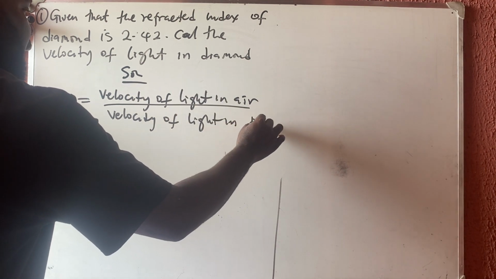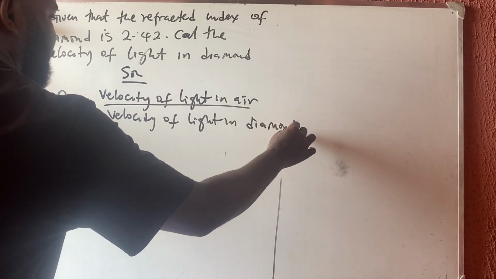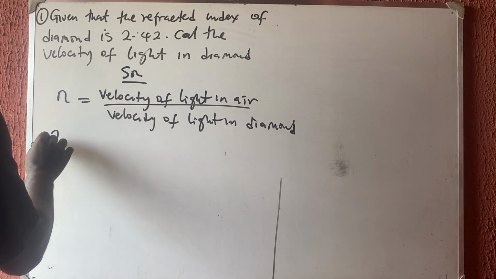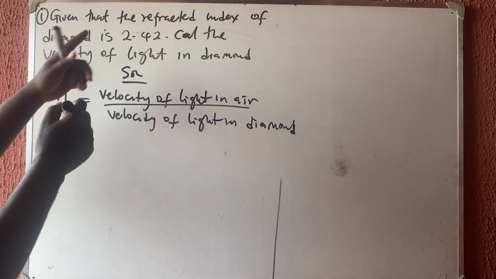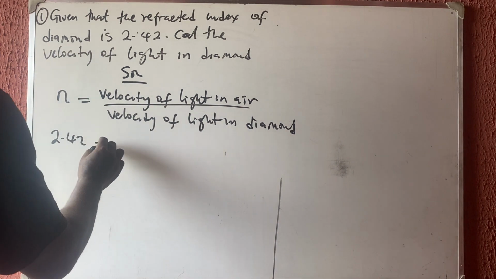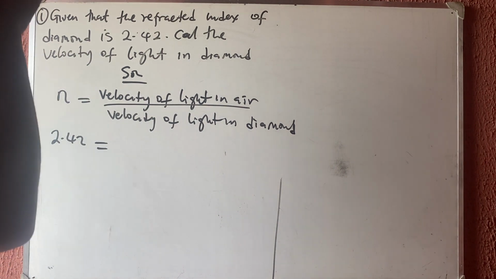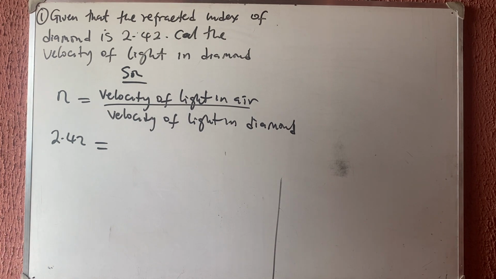The material here is diamond, and they gave us the refractive index as 2.42. So 2.42 is equal to, please, there is a constant you need to know, the velocity or speed of light in air.